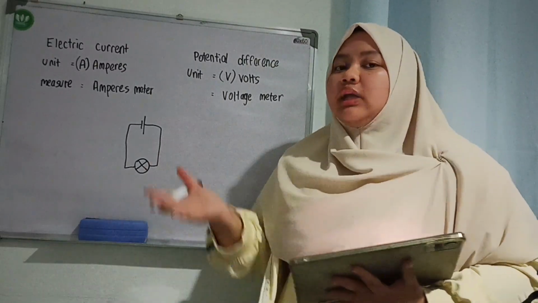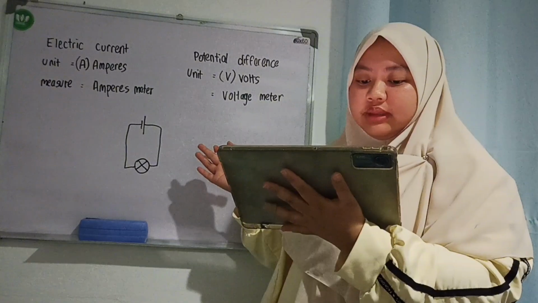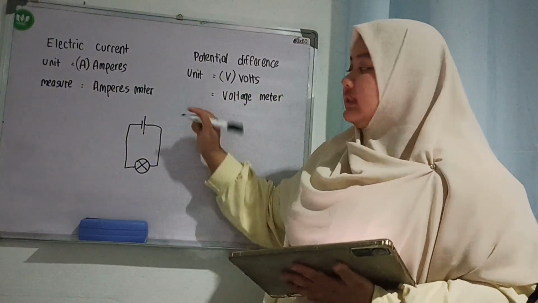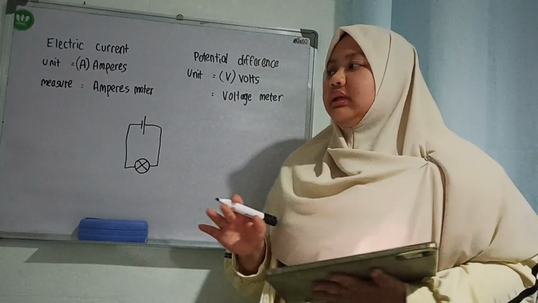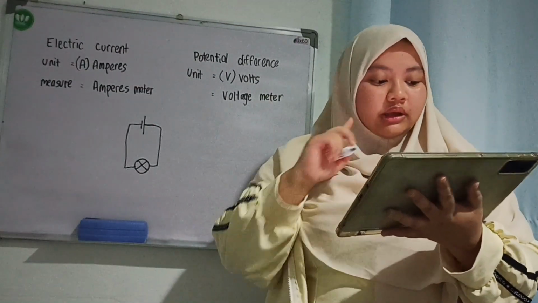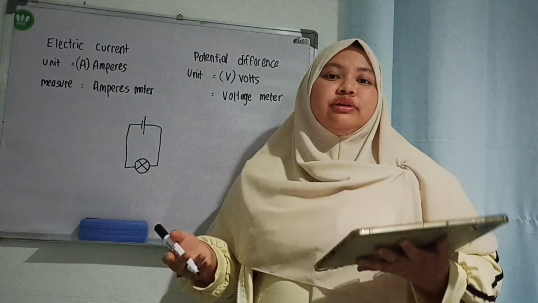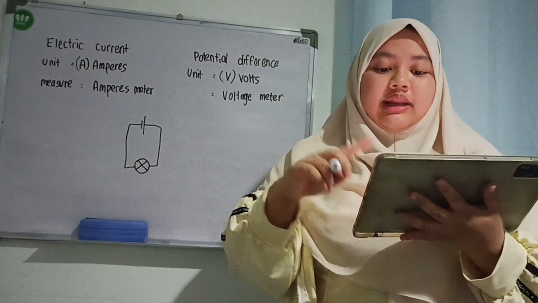So, does anyone know what will happen if we increase the voltage, which is the battery? Most answers will be the light will become brighter. But we can refer to Appendix C for more details that I have provided.